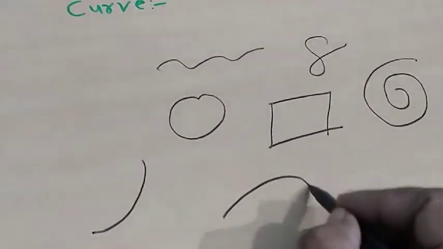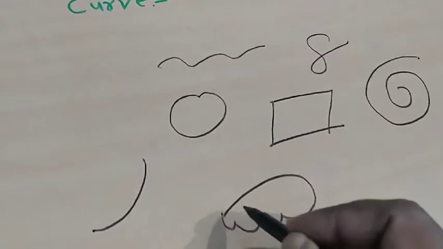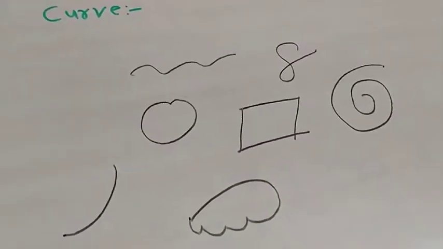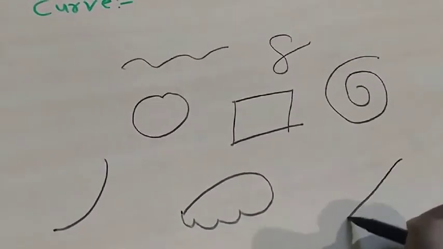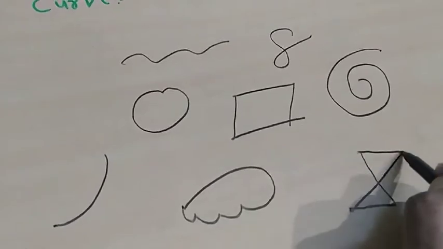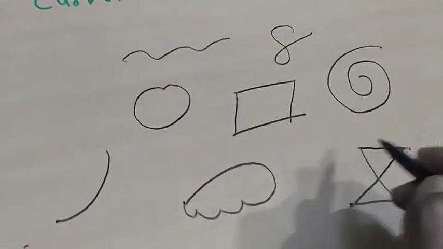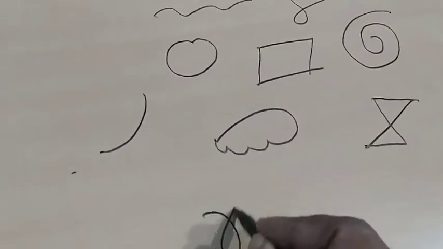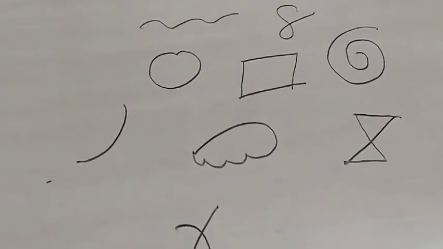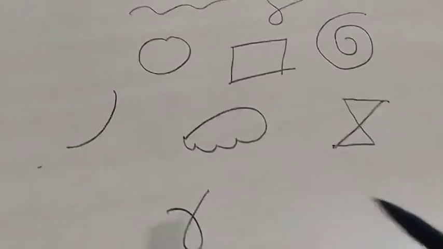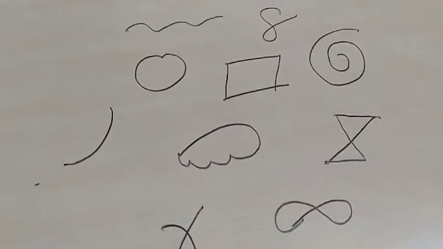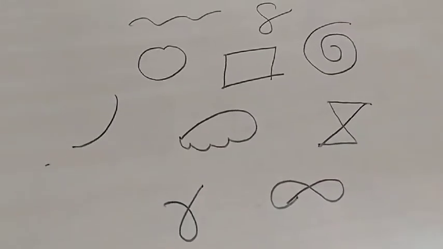And this is also a curve. And you can see like that. This is a curve, and the shape of a curve is also this. So in these shapes you can see some curves are open and some curves are closed.